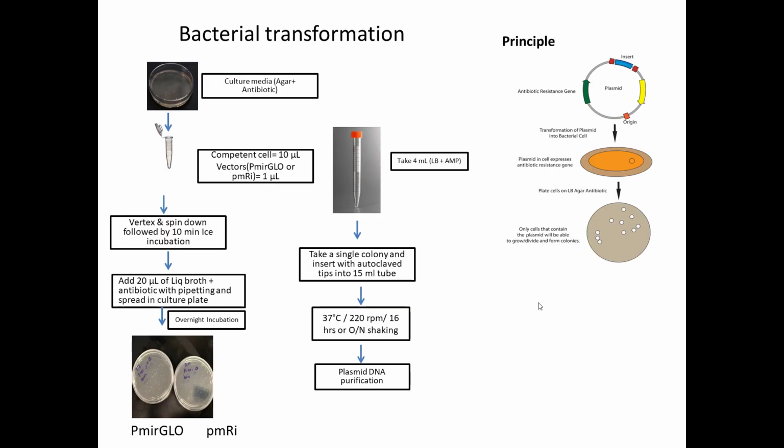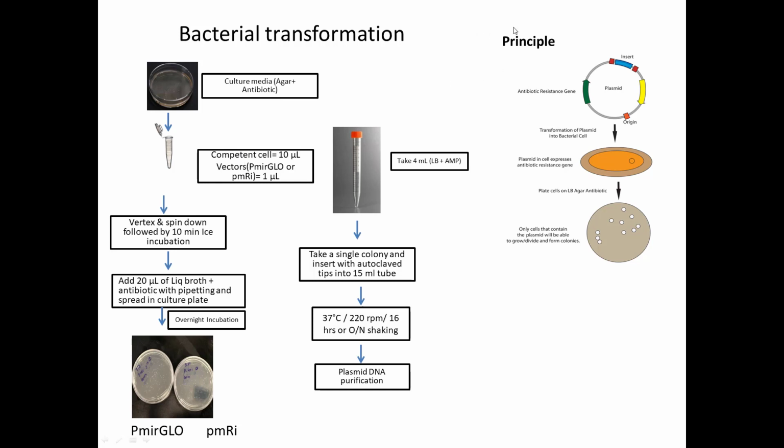Let us discuss bacterial transformation. It is the process of gene transfer by which the bacteria will take up some foreign DNA molecules from its environment. Bacteria having such capacity to take up free DNA from the environment are known as competent cells. Here in this method also I have used the competent cell.